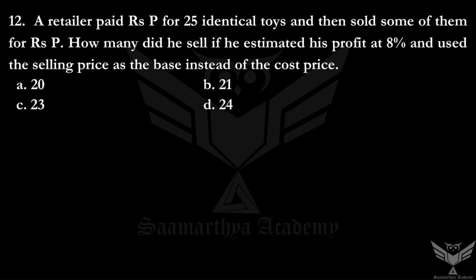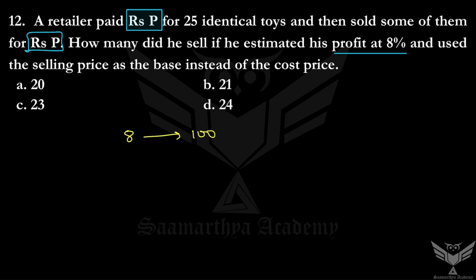Next one. A retailer paid rupees P for 25 identical toys, then sold some of them for again rupees P. How many did he sell, if he estimated his profit as 8% and he used the selling price as the base instead of cost price? Now, this question will not even take 5 seconds to answer. 8% profit means 8 you are getting for 100.